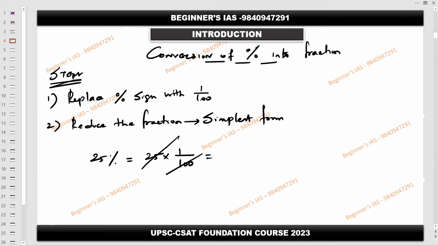So here we will get 1 by 4. This is percentage into fraction. Understood? Fraction means a by b form. That is called a fraction form.